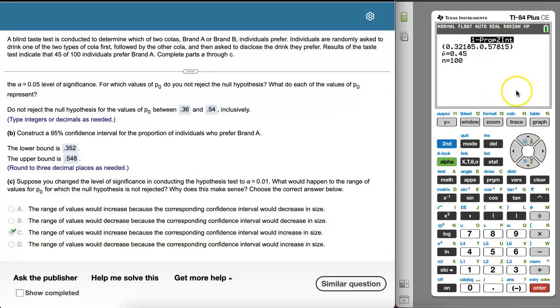Putting this back into the big picture, if we want to be more confident, 99% confident that this interval captures our true population proportion, we need to increase its size.